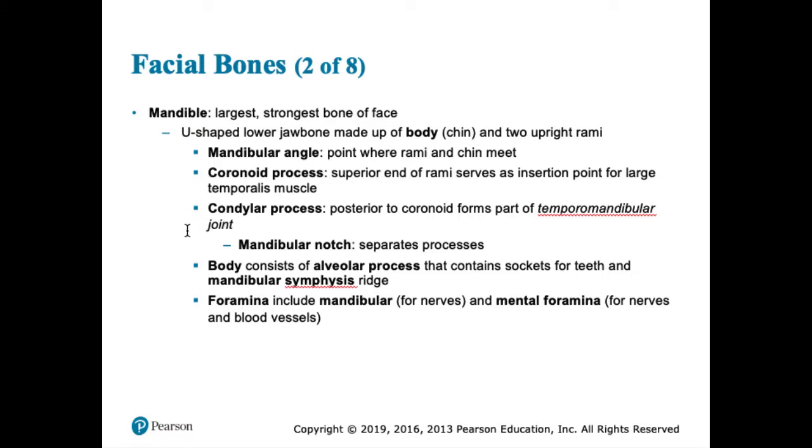The condylar process is posterior to the coronoid, and it forms the temporomandibular joint, and there is a mandibular notch which separates those processes. The body consists of an alveolar process that contains sockets for the teeth, and the mandibular symphysis. And the foramina include the mandibular foramen for the nerves and the mental foramina, for the nerves and the blood vessels.